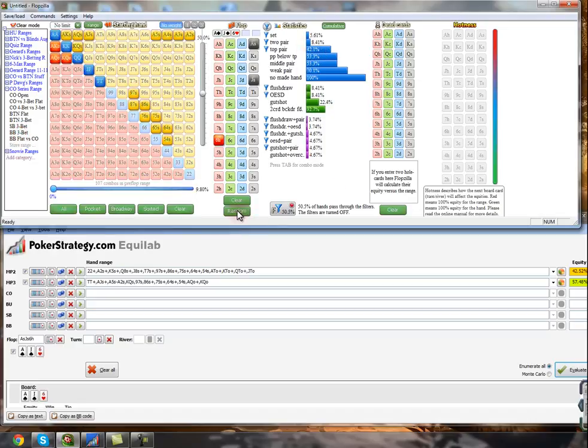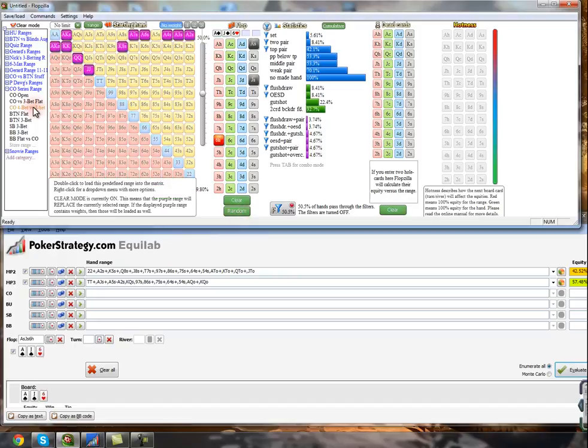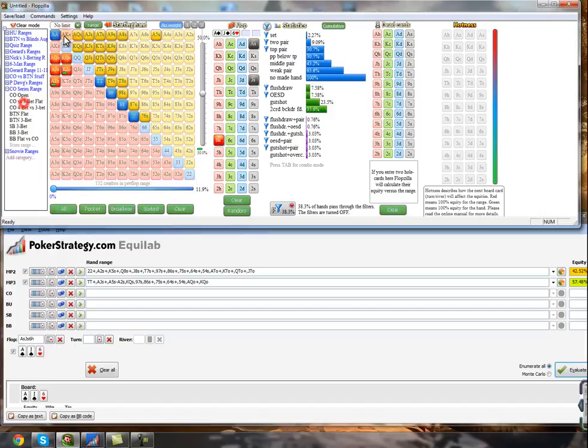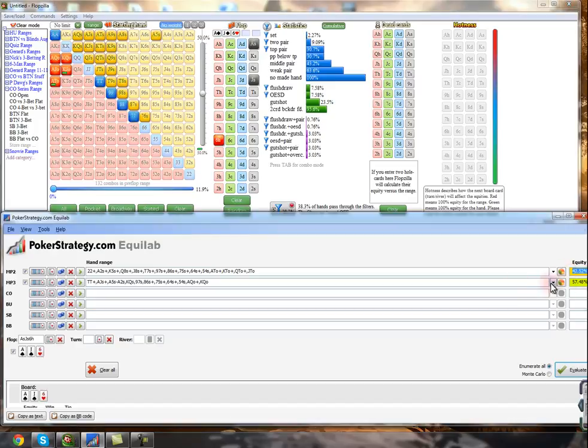So even though I usually expect the 3-better to have more really premium hands on the flop, because the 3-better was 3-betting that somewhat polarized range, I know the term doesn't work perfectly, whereas the cutoff was calling with a pretty much condensed range. Here, since we make the 2-pair in the cutoff cold calling range, whereas the big blind 3-better really doesn't make 2-pair, because of that, we're actually in reasonable shape, despite having only 42.5% equity.